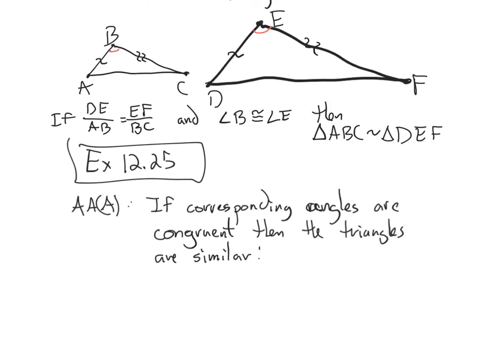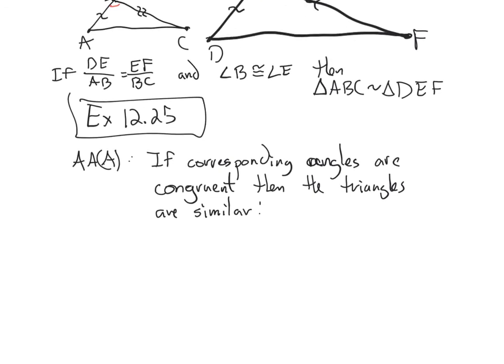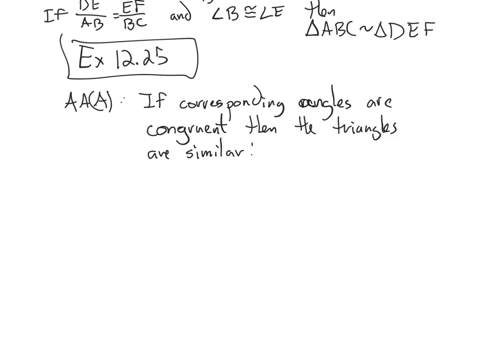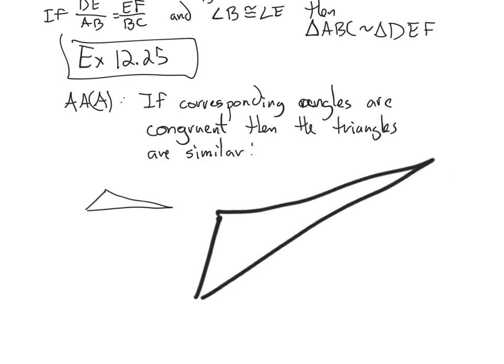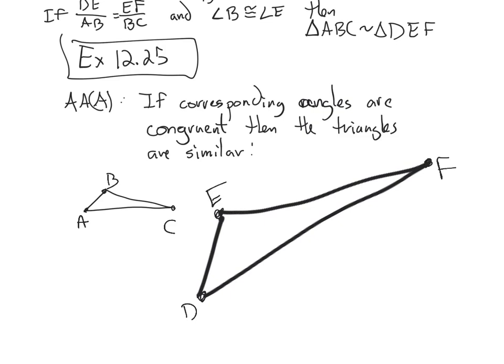Let's do a quick picture to show this. So again, let me draw a triangle, and we'll copy it, and we'll make it bigger. And we can even rotate it. Let's rotate it. So let's say I know the following things. Let me give these some names. This is vertex A, B, C as usual. This will be D, E, F.